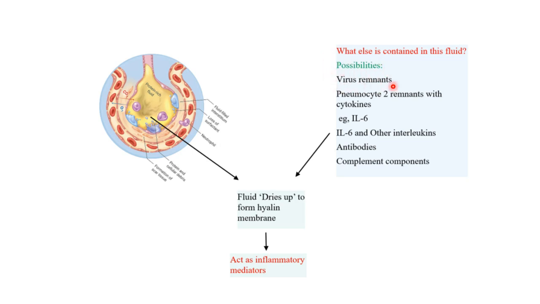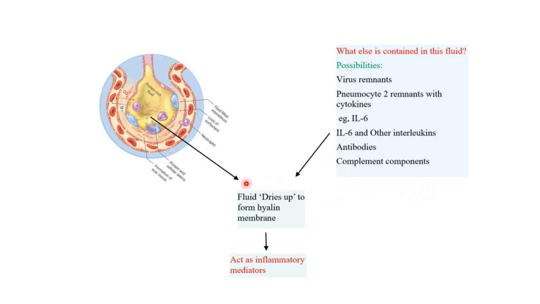Possibilities: virus remnants, Pneumocyte2 remnants with cytokines within the Pneumocyte2, for example IL-6 and other interleukins in the fluid phase, antibodies, complement components, and the list goes on and on.